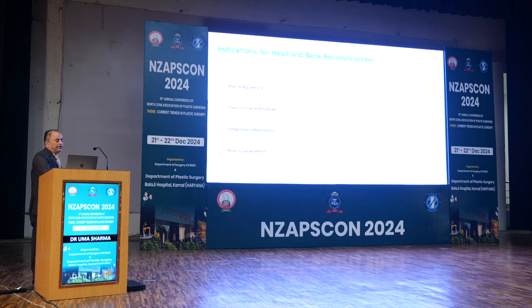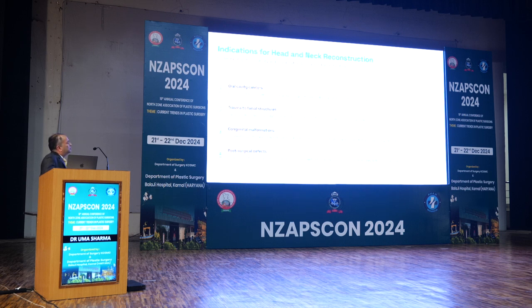So, what are the indications of microvascular surgery in head and neck reconstruction? To start, the basic one is oncological. After any cancer resection, there is a defect which has to be reconstructed to restore the normal aesthetic shape along with normal function and the appearance of the patient.